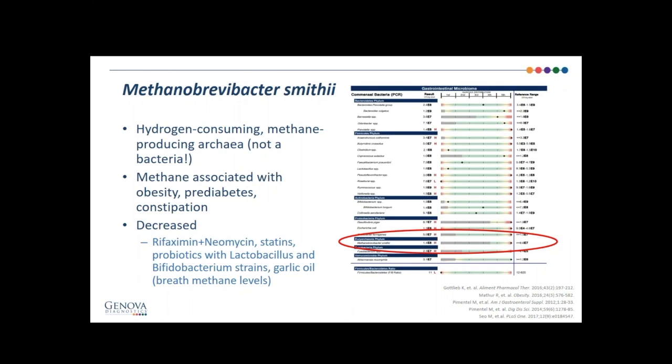Some other things that have been shown to decrease it are statins, probiotics with Lactobacillus and Bifidobacterium strains. And then one study showed garlic oil decreased breath methane levels, but they didn't mention this organism. Now, the majority of methane in the human gut will be produced by this Methanobrevibacter smithii.